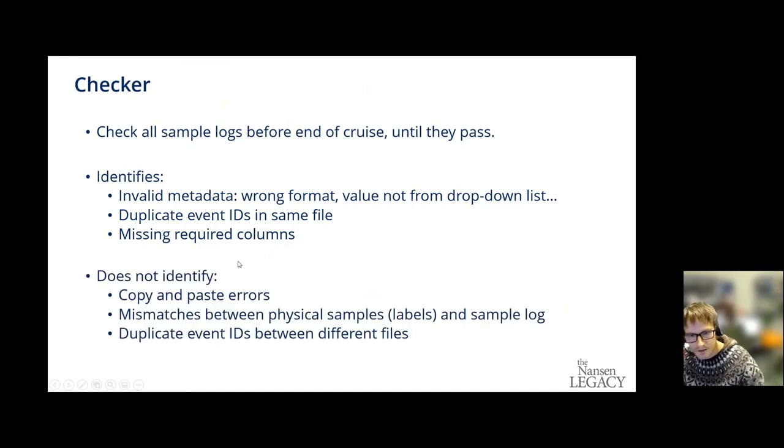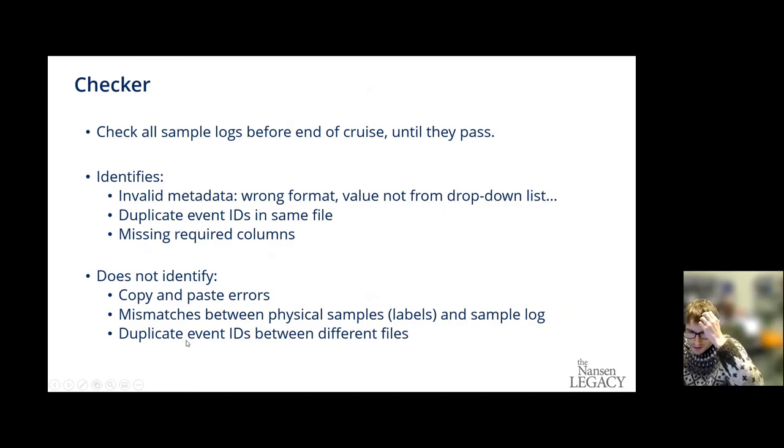Something it doesn't identify, firstly, is if you have made some copy and paste errors. If you've copied the wrong ID across, it can't do that. So you have to be extra careful for that. It also can't identify any mismatches between the physical samples and the sample log. So again, make sure that you're rescanning all your labels.